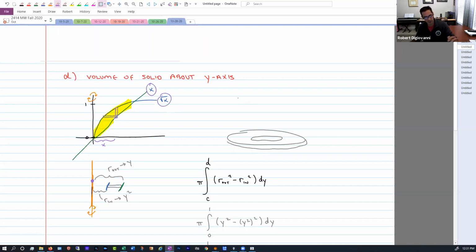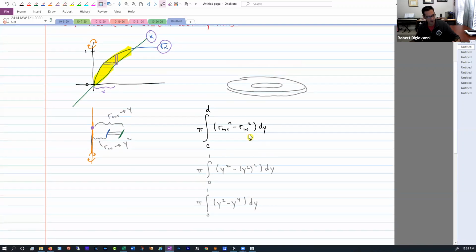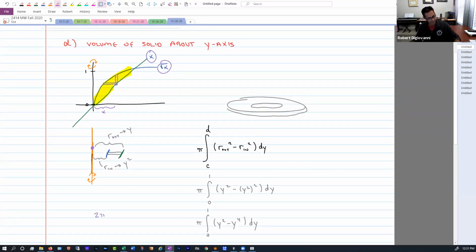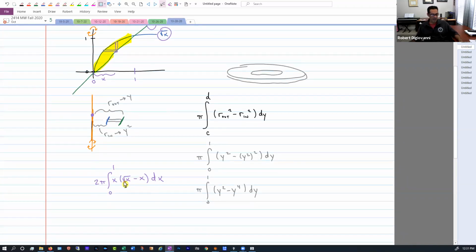So this should just be 2 pi integral 0 to 1, because we are starting at 0 and ending at 1. Then x, which is the radius, and then the top function, square root of x, minus the bottom function, x, dx. And I claim that these two integrals give you the same answer.